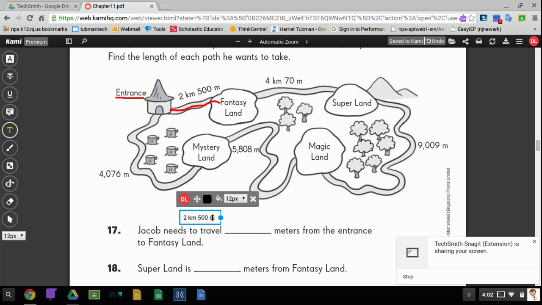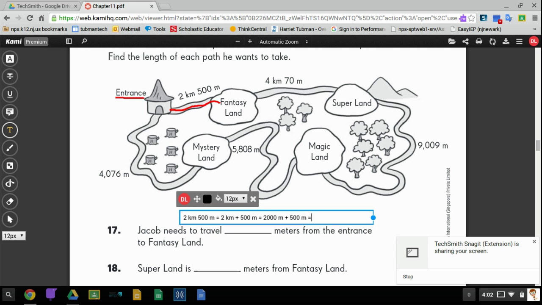That's going to equal, I'm going to split it up first, 2 kilometers added to 500 meters, and I'm going to convert kilometers into meters, so we know 2 kilometers is really 2,000 meters, and I have to make sure I add my 500 meters.